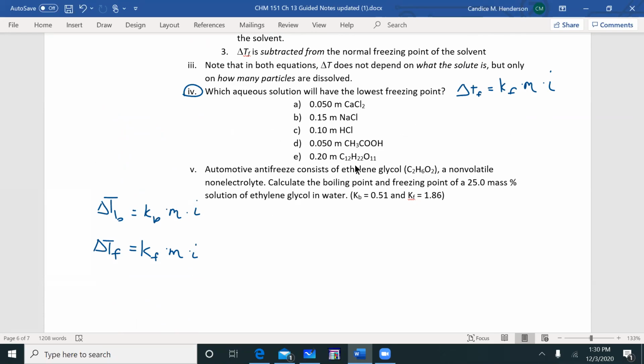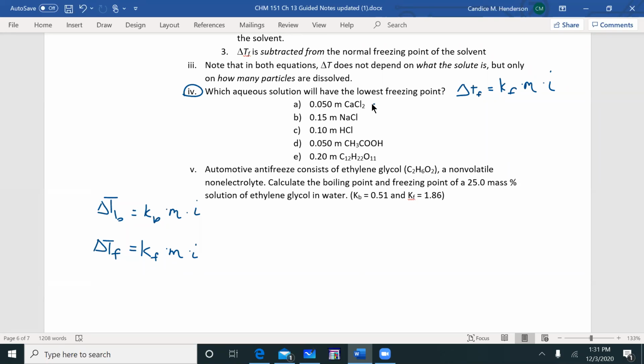In order to figure that out, we can sort of just conceptually look at it. This has a lot of particles. This doesn't have a whole lot of particles. That might come into play, but this has a higher molality. So we really want to just go ahead and calculate it out.